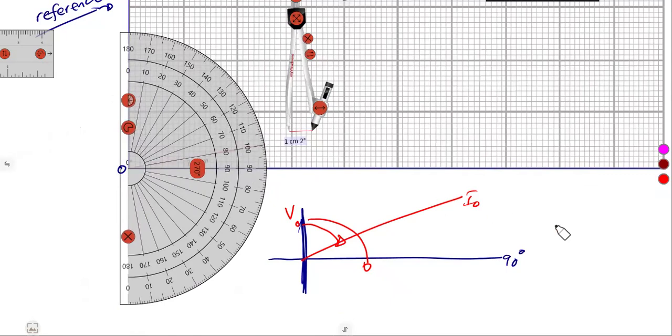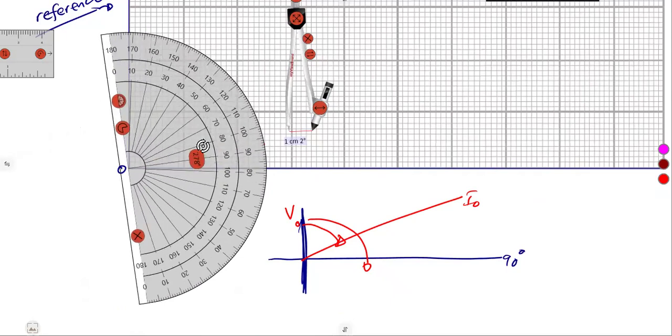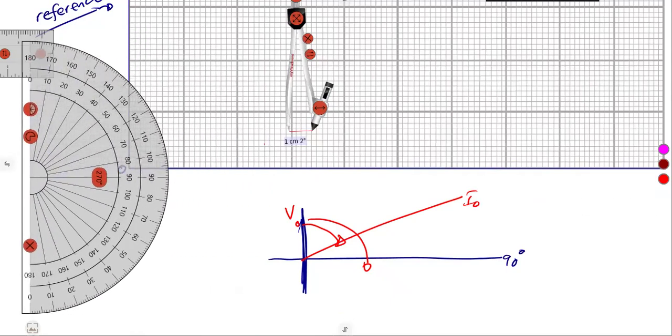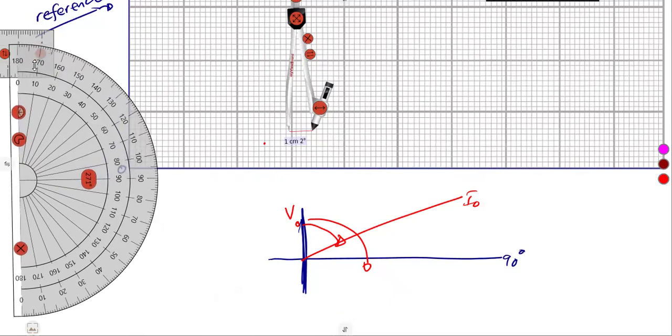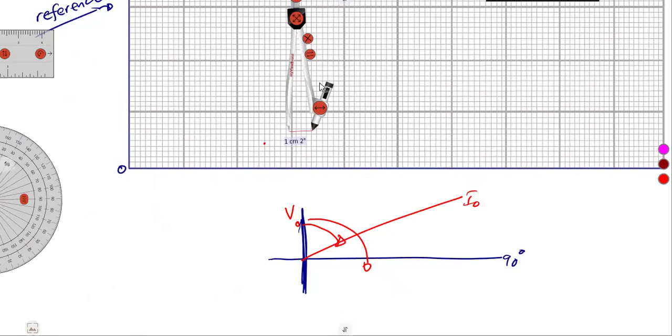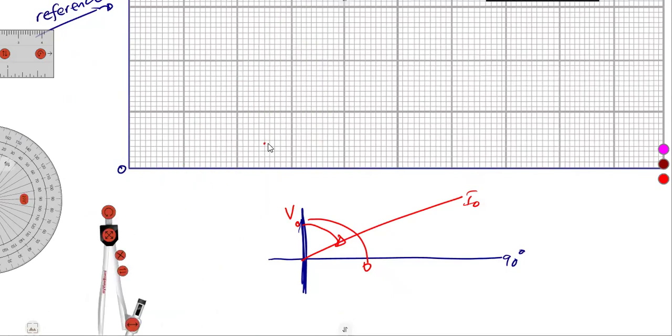I don't want to draw a line, I just want to mark a point. So this is the point that I'm talking about here. Let's say you marked a point, because the way that we are constructing, guys, might differ, to show that from here to here, it is 80 degrees.